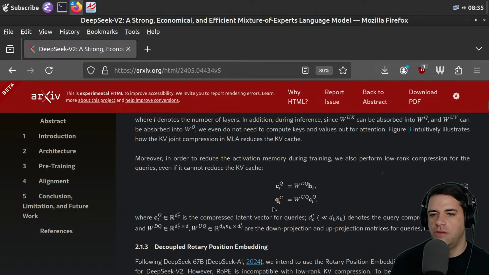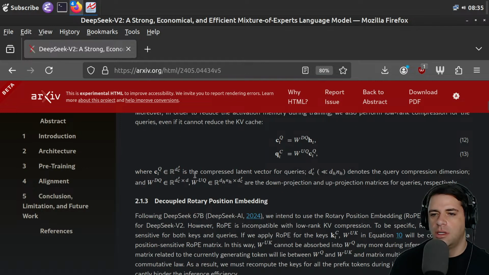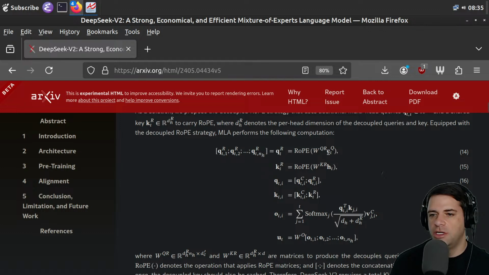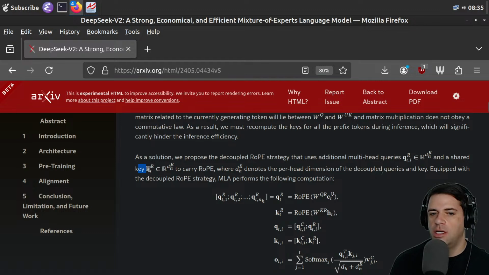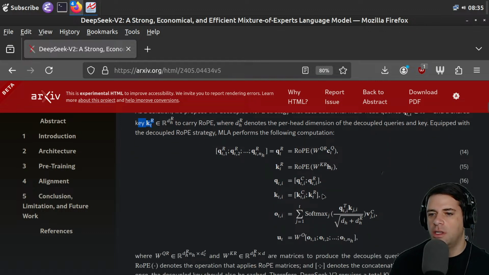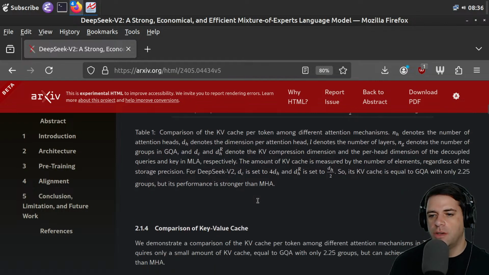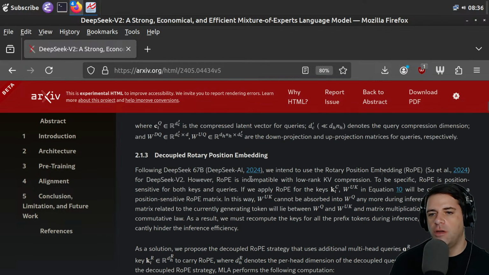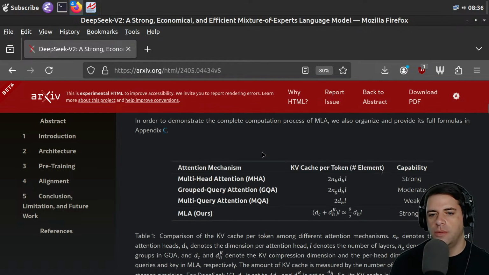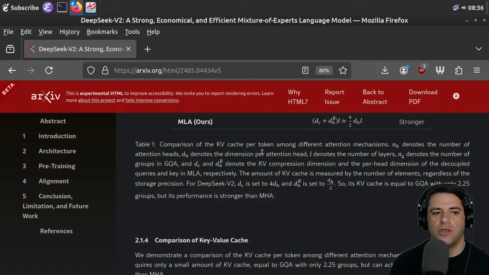I think c_t^Q is different from what we had up here, right? It's some compressed, I guess, query stuff, and getting some Ks. And then the shared key is k_t^R, and that shows up here. So we get a non-shared thing, and I think we concatenate the shared thing somehow. And at any rate, that's just all linear algebra to make the key value store work. It seems to be what it's up to, while also maintaining some properties of the rotary embedding.